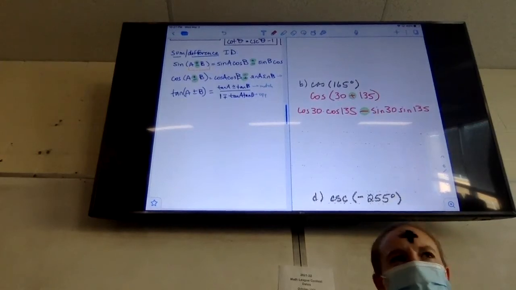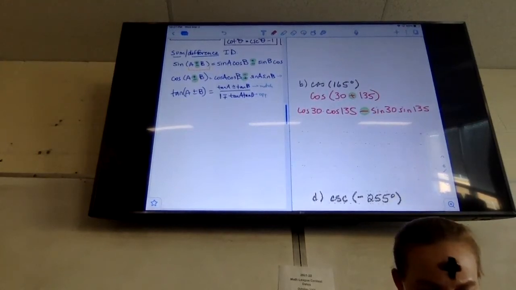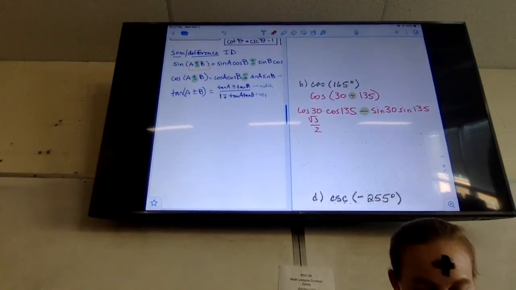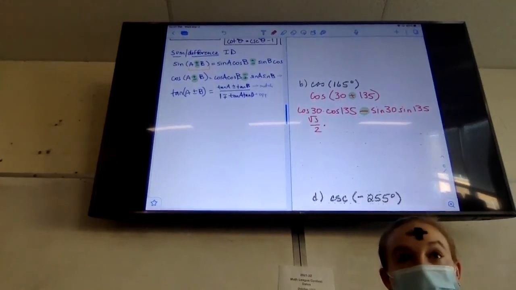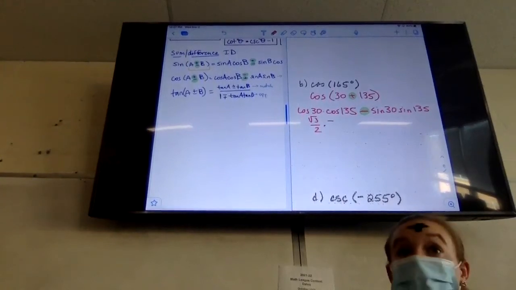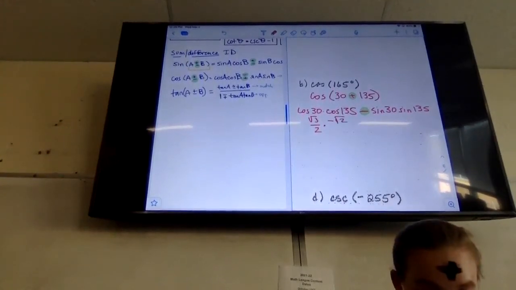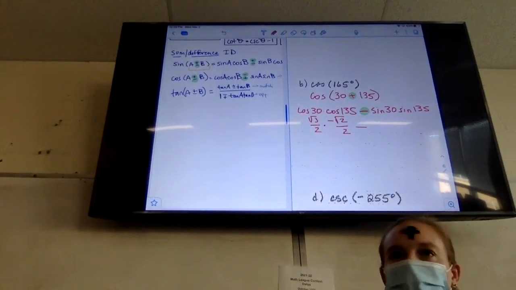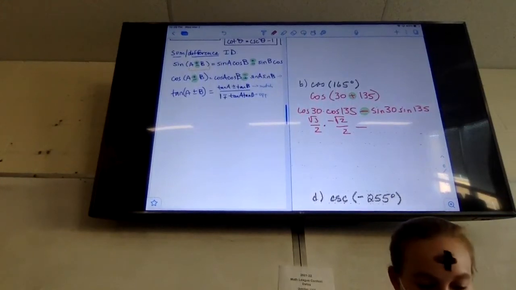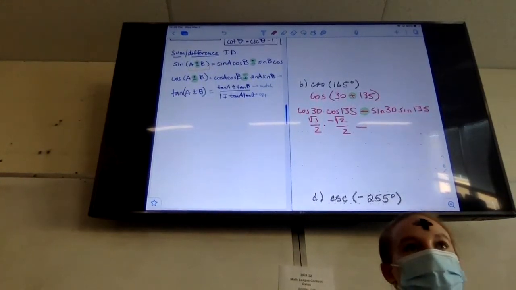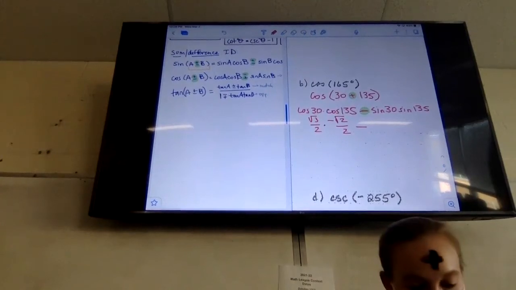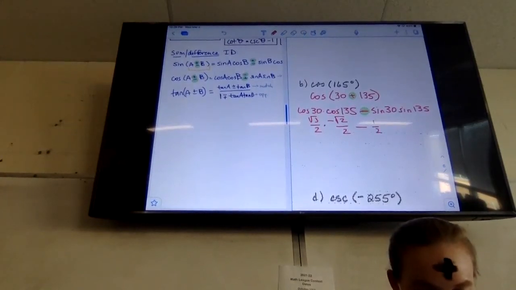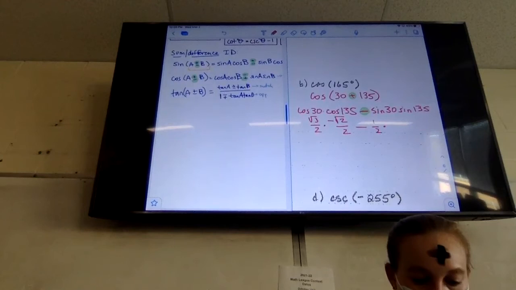All right, anyone remember what cosine of 30 is? Root 3 over 2. What about cosine of 135? Awesome, negative root 2 over 2. What's sine of 30? 1/2. And then sine of 135? Root 2 over 2.